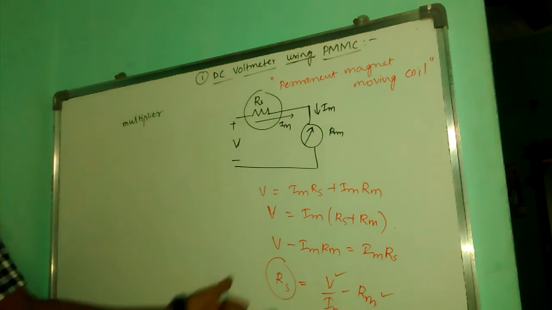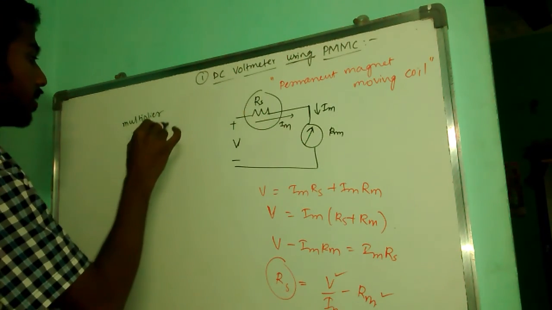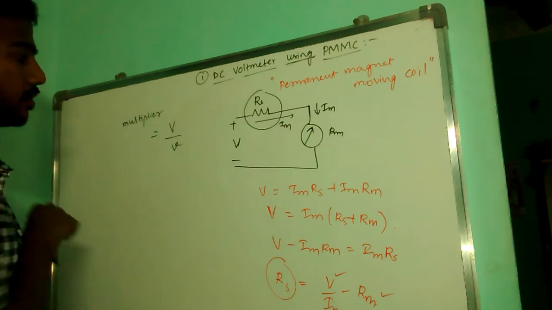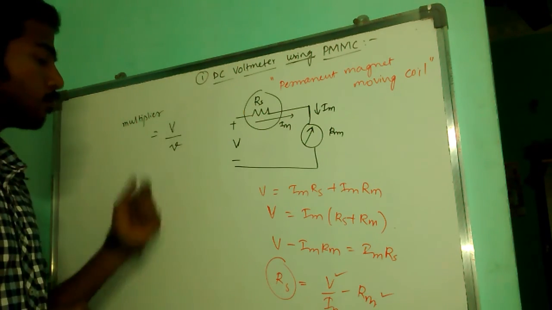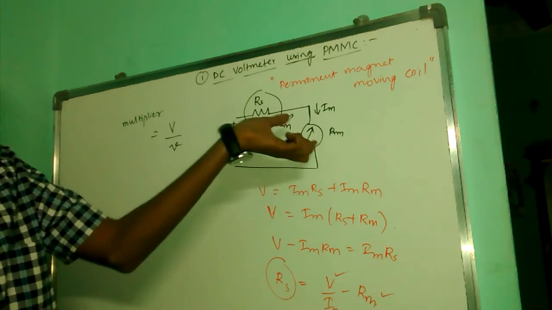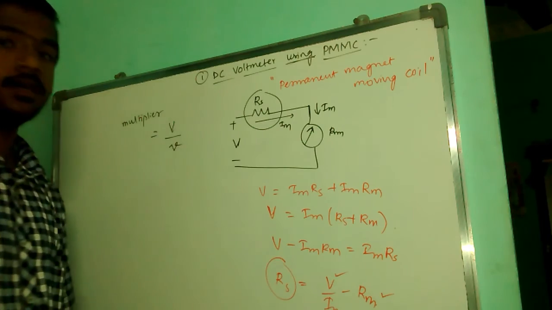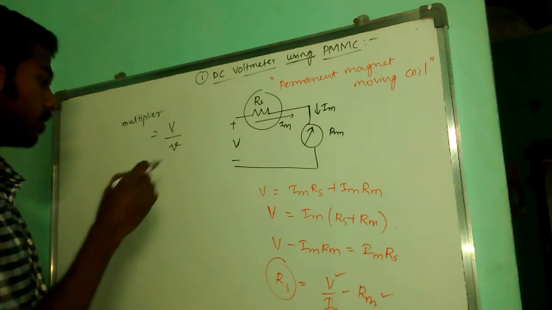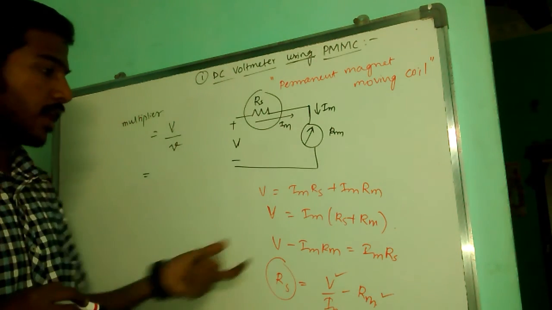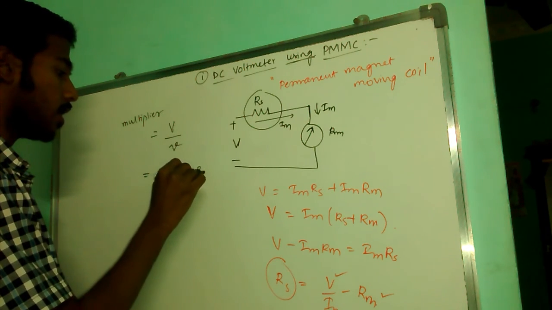One more concept is the multiplier. As we call it a multiplier resistance, the multiplication factor is given by capital V by small v. Small v is the potential difference across the PMMC, that is Im into Rm, and capital V is the actual voltage to be measured. We already got V as Im into Rs plus Rm.